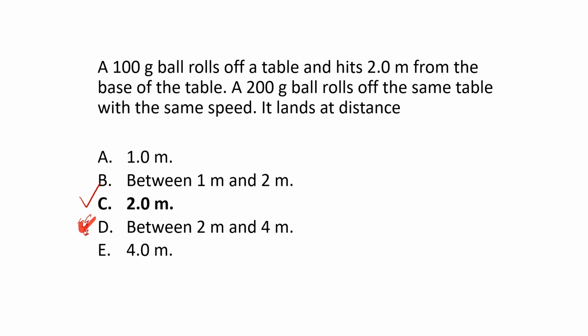Now what distance will that be? Does the mass change how far that ball goes? No, because the important thing about the x direction is the speed, and if they both have the same speed and they're traveling the same y distance, they will land at the same distance.